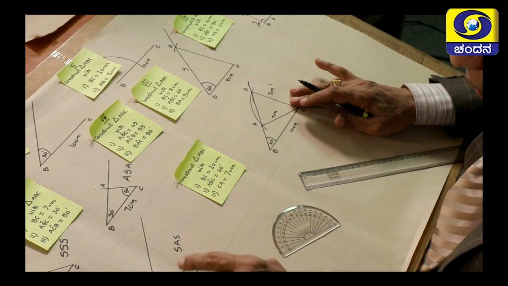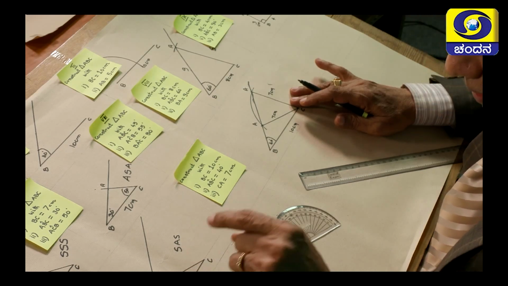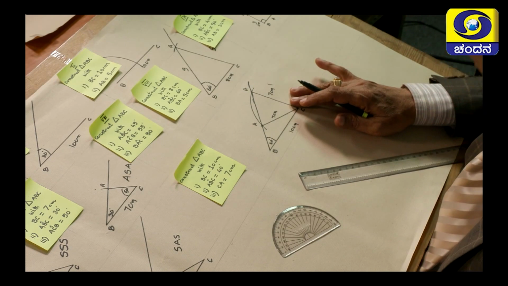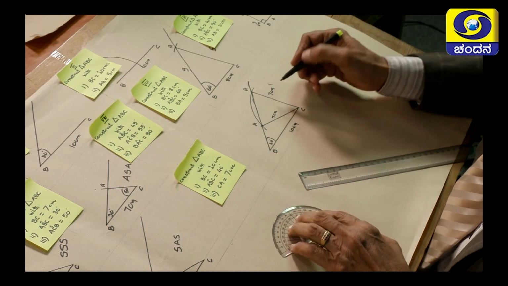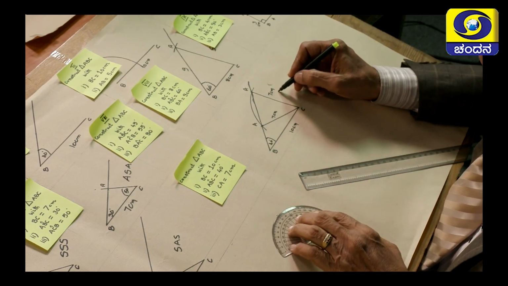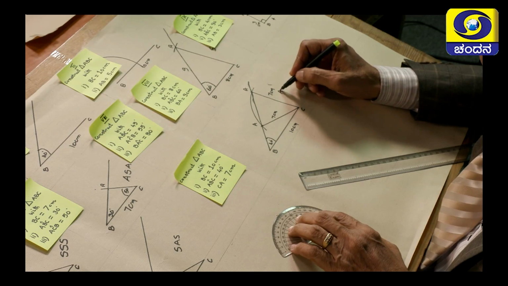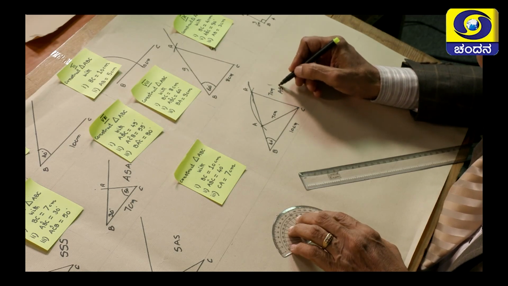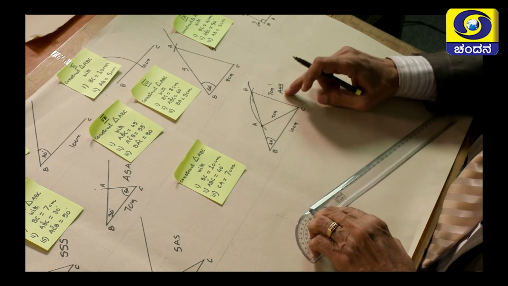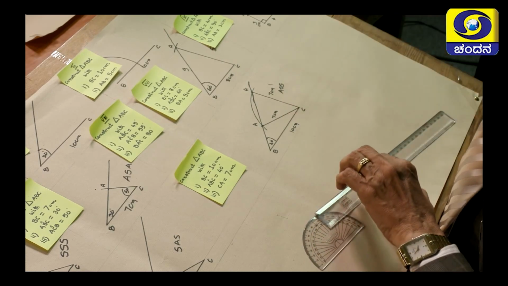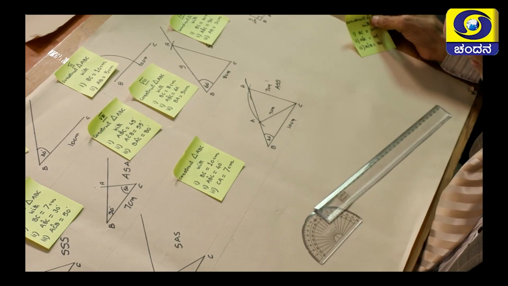Here we are going to get a unique triangle, one and only one triangle. Okay, so this we will write as yes, yes. These are the measurements of one angle and two sides given to us.